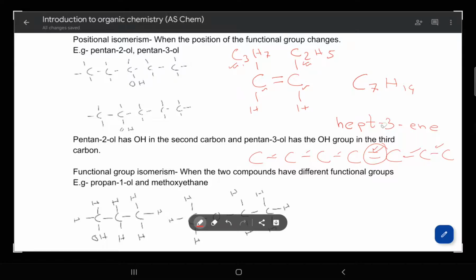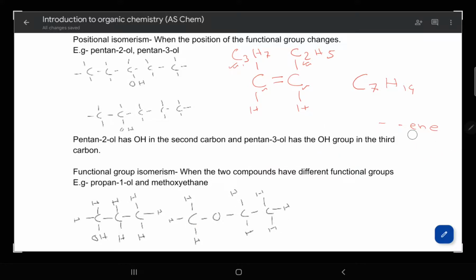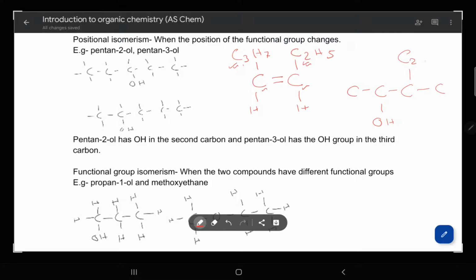The same thing can happen with alcohols. So let me give you an example of an alcohol. We have carbon, carbon, carbon, OH, carbon, C2H5. So what am I going to call this? Everyone else is a hydrogen. So we count 1, 2, 3, 4. So it's a but if I count it from here.